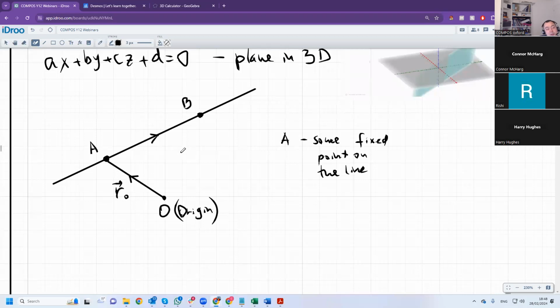And vector AB we call the direction vector. Once again, we want to find the equation of line AB.